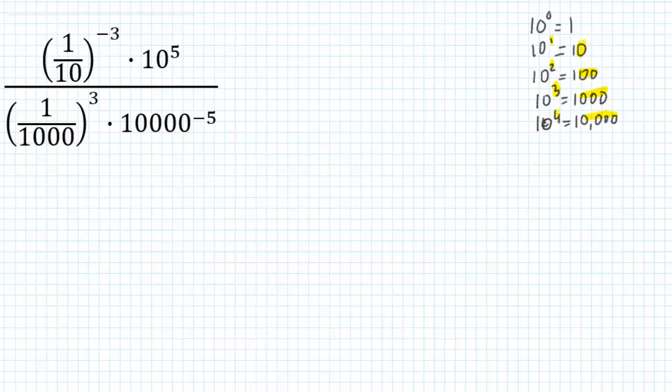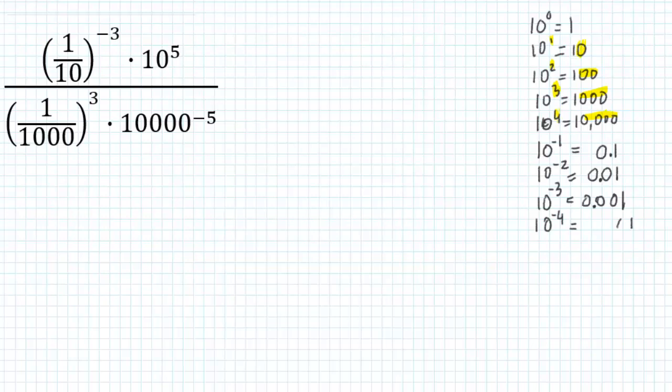Similar but backwards. If we have 10 to the negative first, it's just like 10 written backwards, and then we write a decimal point. 10 to the negative second, 1, 2 zeros, put a decimal point here. 10 to the negative third, 1, 3 zeros, put a decimal point here. 10 to the negative fourth, 1, 4 zeros, and decimal point, and so on.